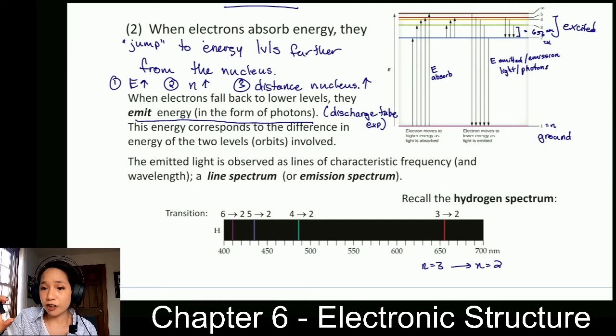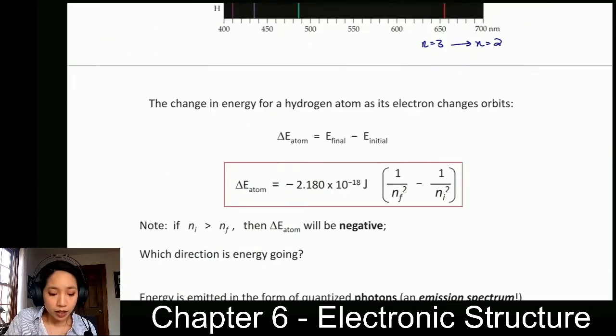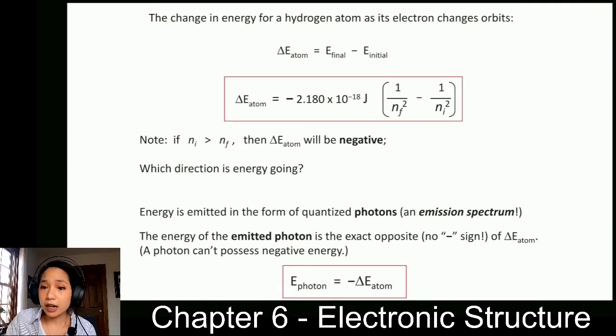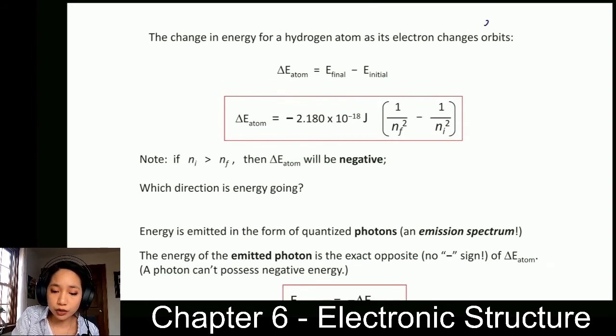And so it's the difference in energy that makes up the energy of the photon that is emitted. So we can actually calculate the photon that is emitted when an electron changes orbitals or changes energy levels around the nucleus of the atom.